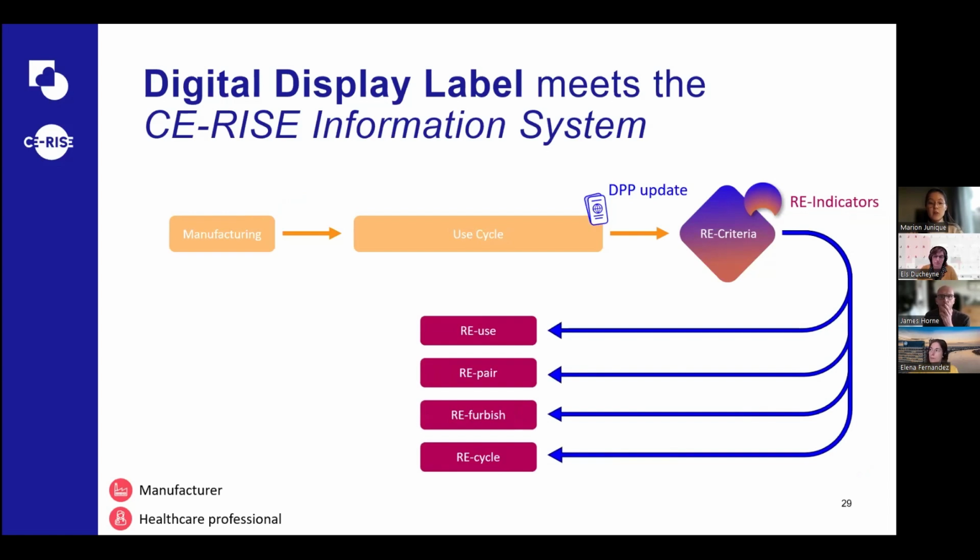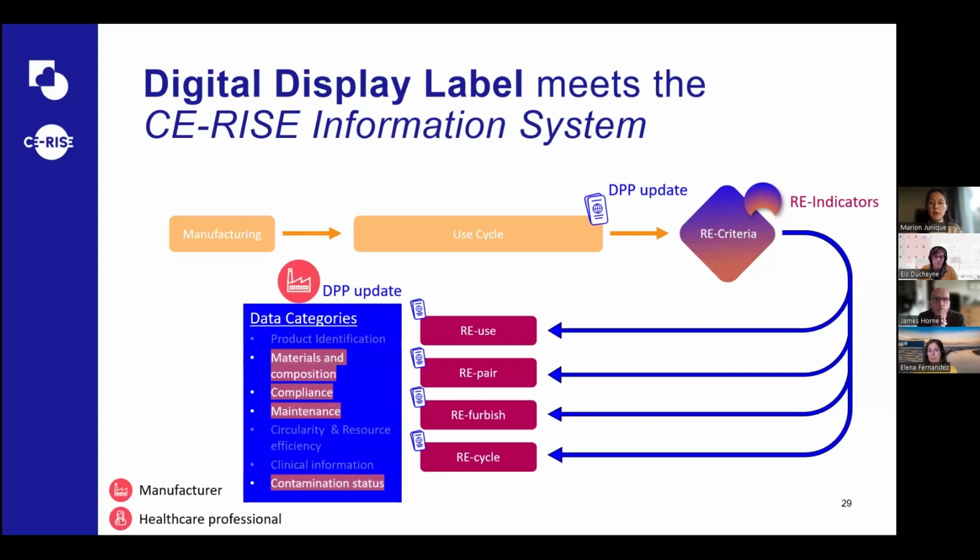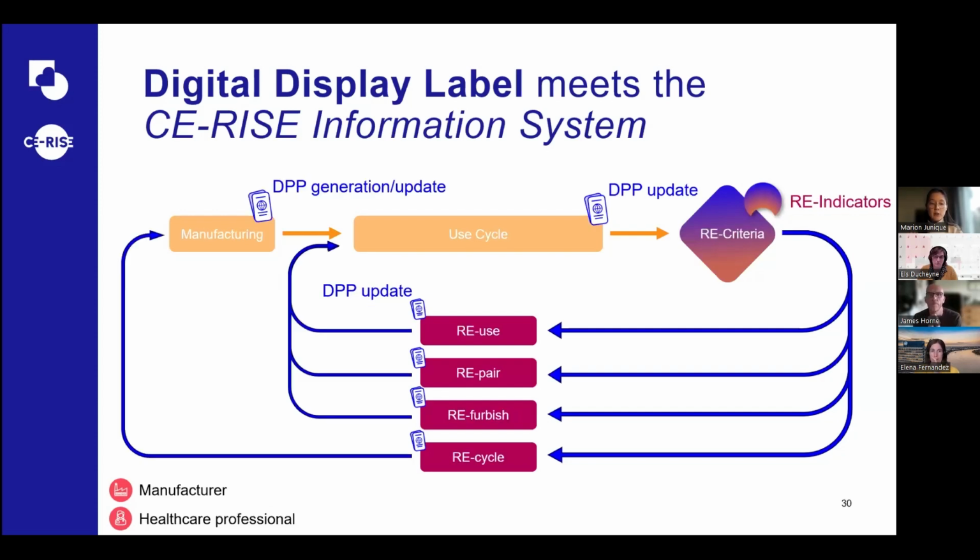And then once the manufacturer has decided which RE strategy to follow, he or she will update the digital product passport with, for example, if a battery replacement has been done or if some decontamination has been done, etc. And then finally, the digital display label is put back into the cycle. Depending on the RE strategy used, it would go back to different parts of the life cycle. And in case of recycling, it could go back to the manufacturing, if possible, or to another sector, which is why we have put it at the beginning.